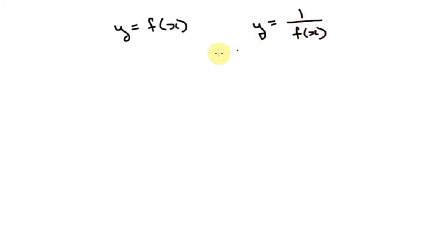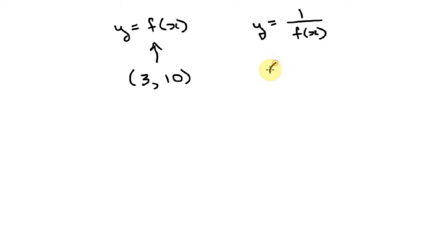Now, what's going to happen in practice is if you figured out a bunch of points for your original graph, let's just say hypothetically, you had the point (3, 10), and this is on the original graph of f of x. So this is referring to that graph. What would that look like on this graph over here?